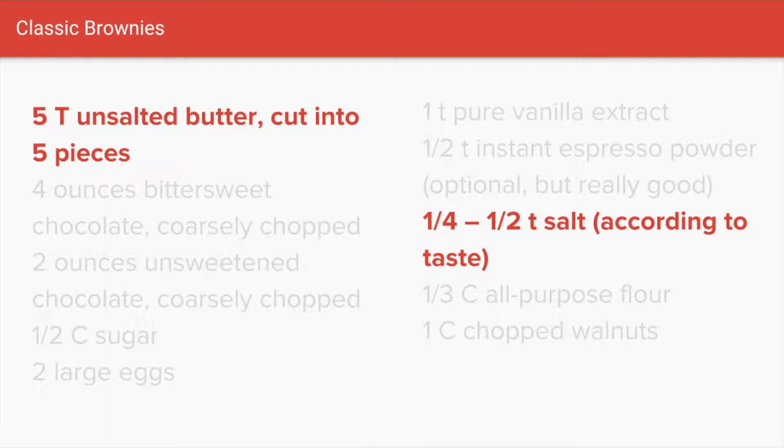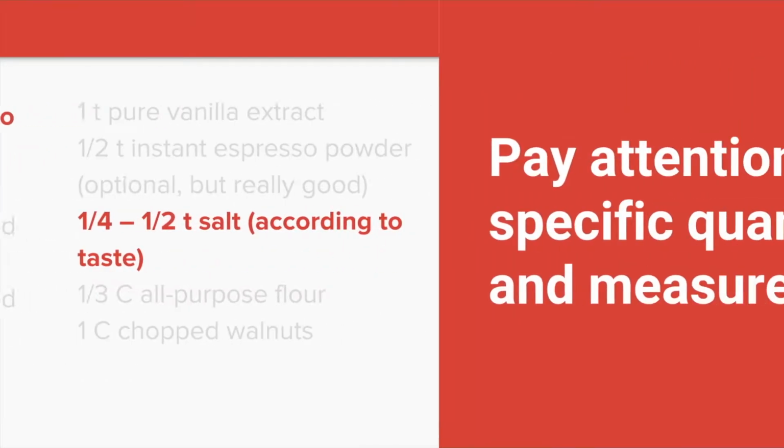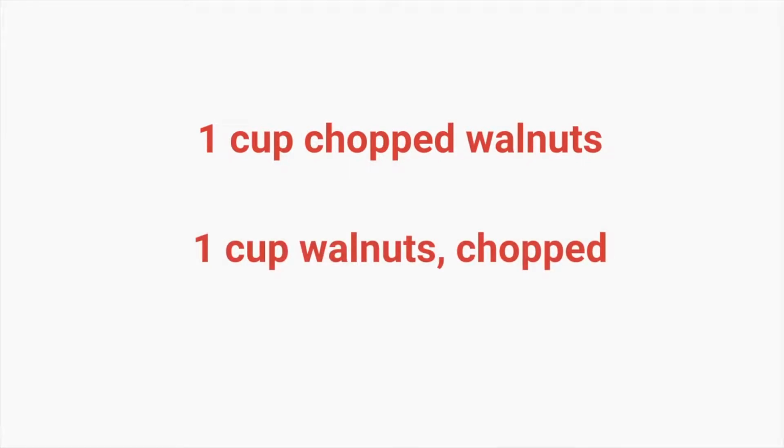After that, you need to look at the specific quantities and measurements that are listed. This seems like a no-brainer, but it's where many cooks fail when following a recipe. First off, understand what is being asked. For instance, 1 cup chopped walnuts is not the same as 1 cup walnuts chopped.